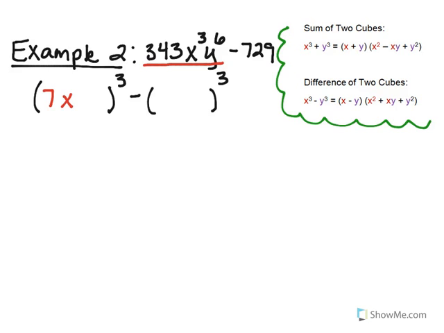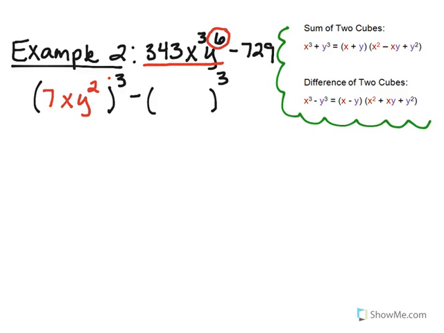Now the y part is a little trickier because we have to make sure that you know your power rules really well. But remember that if it's a power to a power, that's when you multiply the exponents together, right? So what would the exponent have to be here on my y multiplied by 3 to give me 6? And if you said 2, you would be correct. So inside here would have to be a y squared.